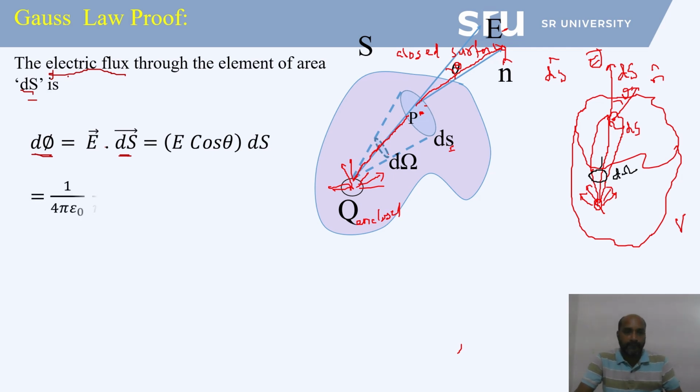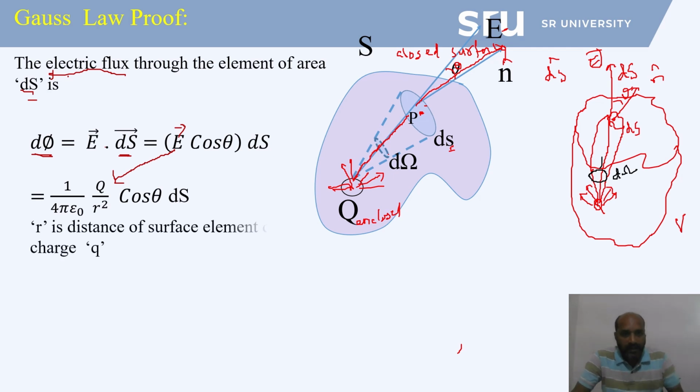And from the definition of electric field, the electric field intensity due to this charge will be 1 by 4 pi epsilon naught q by r square. Just substituting the equation of the electric field, we get 1 by 4 pi epsilon naught q by r square, and the remaining as it is, cos theta into ds.